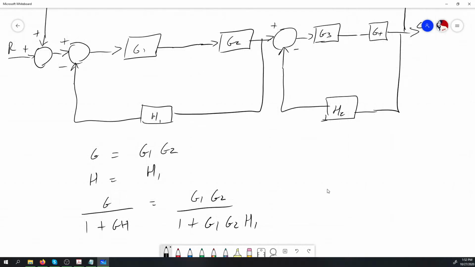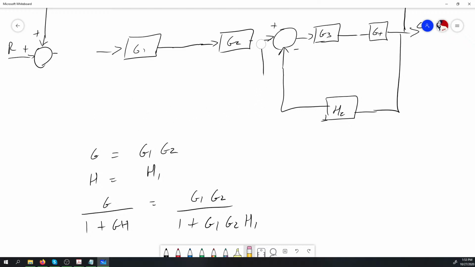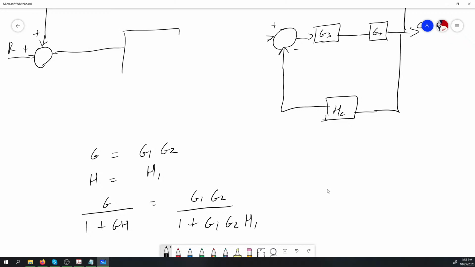So this entire system here reduces to one simple block, and we get rid of that summation junction. Remember, the general strategy when you're reducing block diagrams is to get rid of the summation junctions as quickly and as strategically as possible. That entire thing just resolves to G1, G2 divided by 1 plus G1, G2, H1.